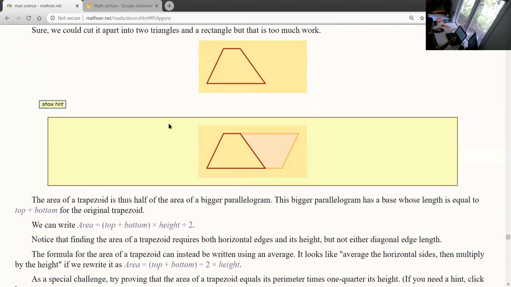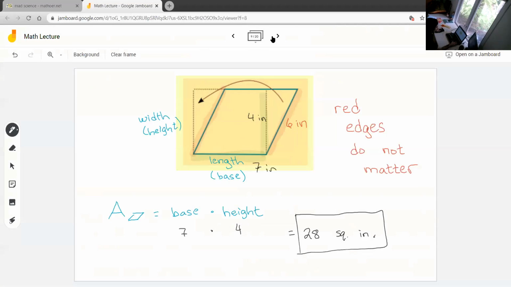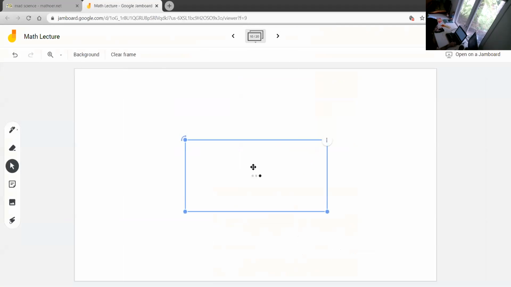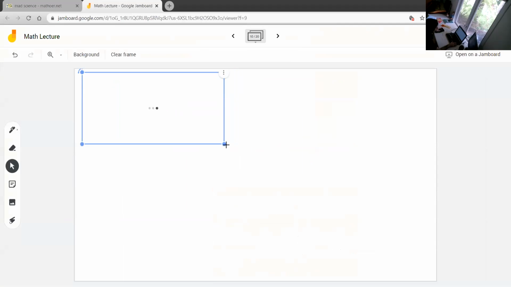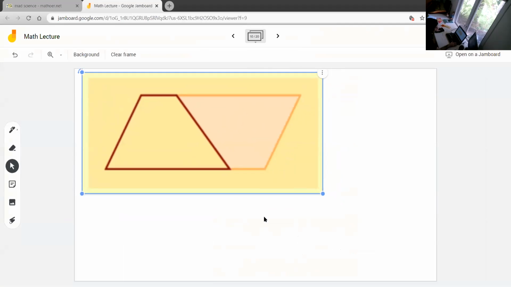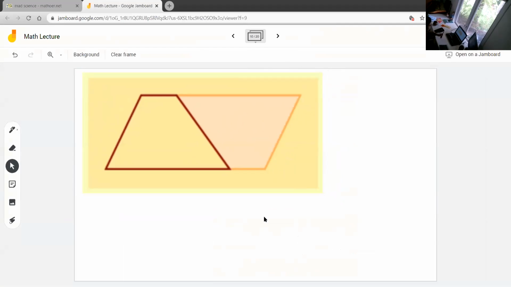Okay, so this again requires some discussion. Okay, how big is this thing? I have a top. I have a bottom.